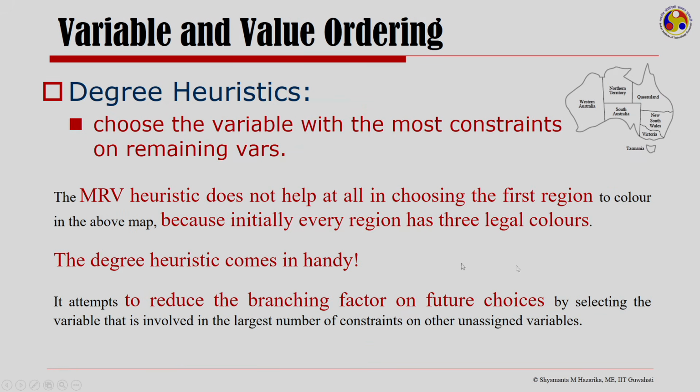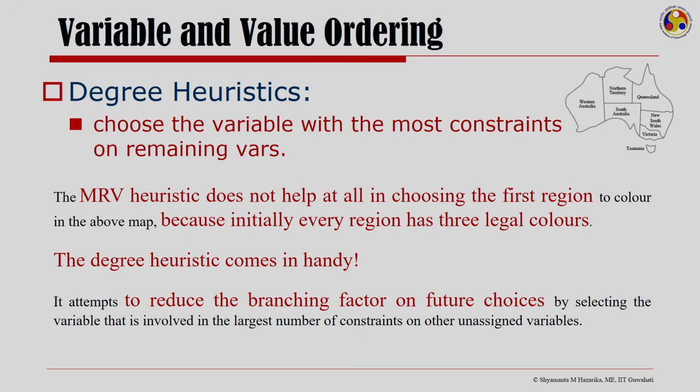The minimum remaining value heuristic does not help at all in choosing what would be the first region to color in our map coloring problem, because all of these 7 variables when we start can be colored in any one of red, blue or green.